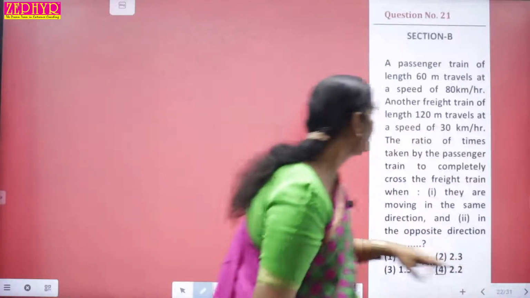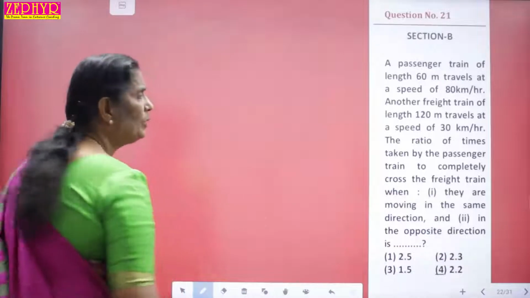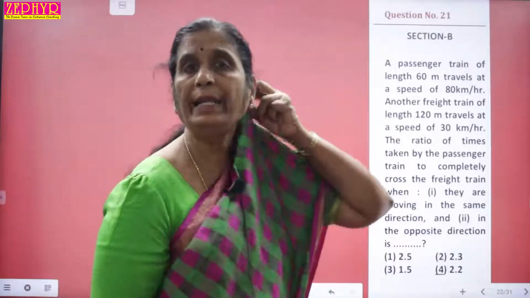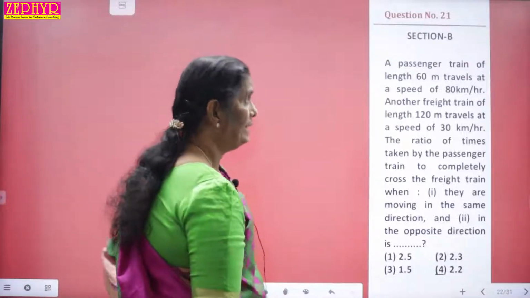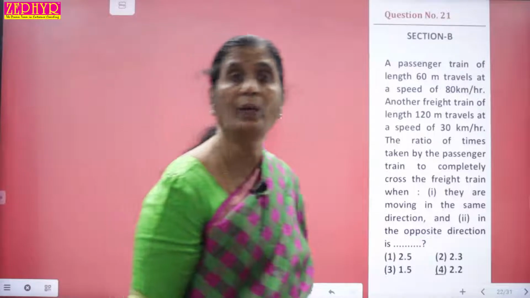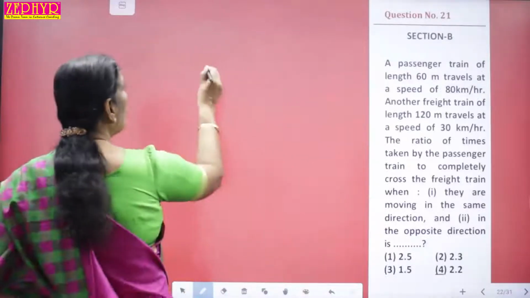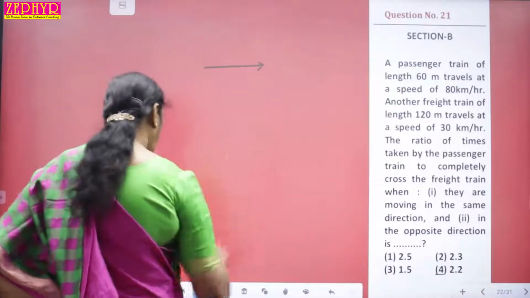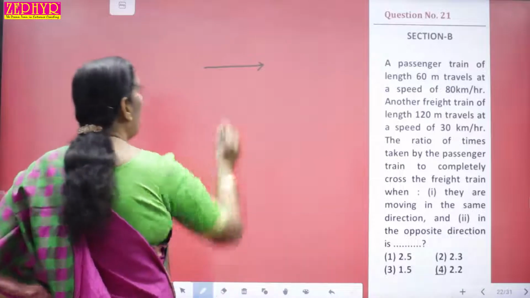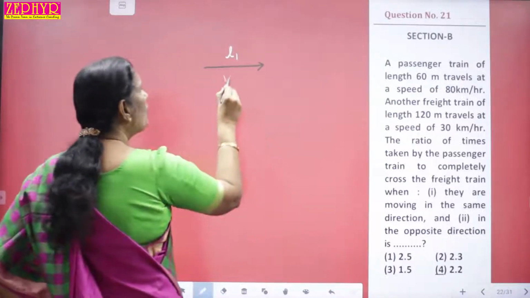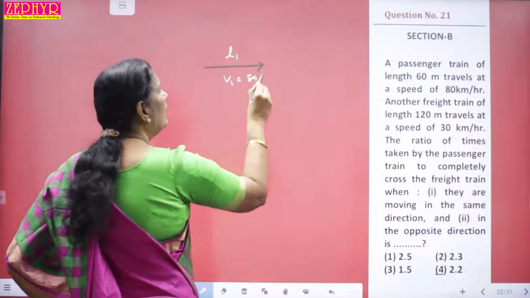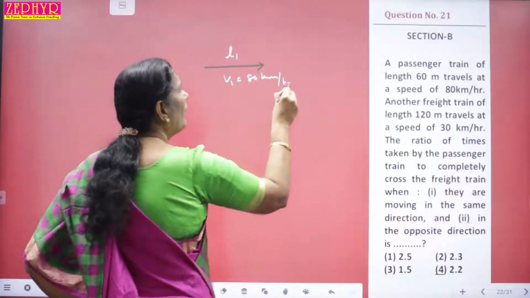Very good question. And now we are going to do the integer type questions. Come on, start. This is a very simple question. A passenger train of length L1 travels with a velocity of 80 km per hour.